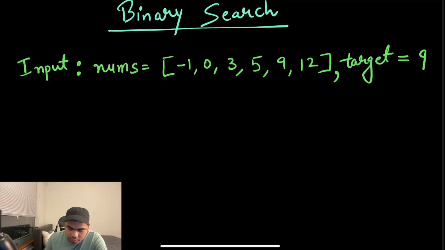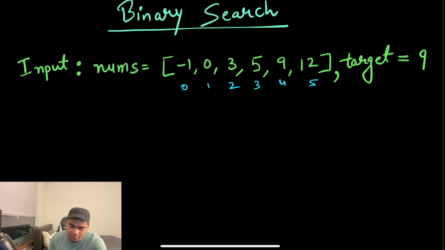The very first brute force way would be going element by element using a for loop and checking if it is equal to our target. Let me write the indexes here: 0, 1, 2, 3, 4, and 5.